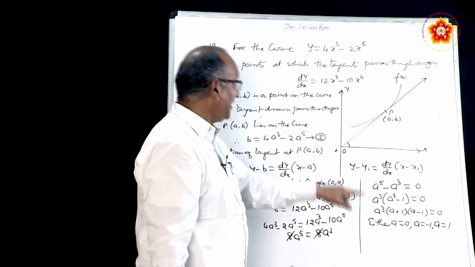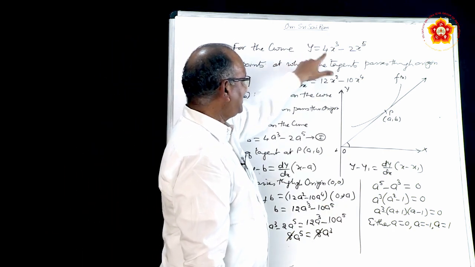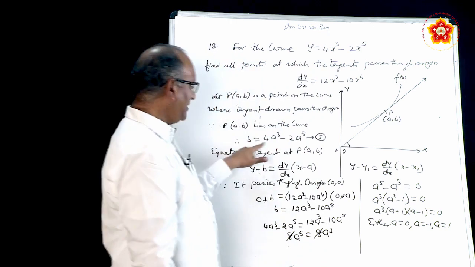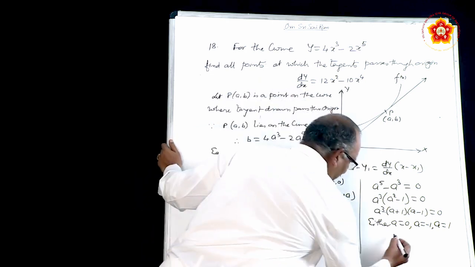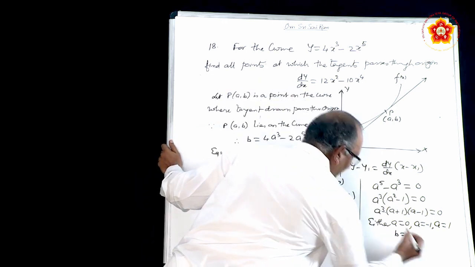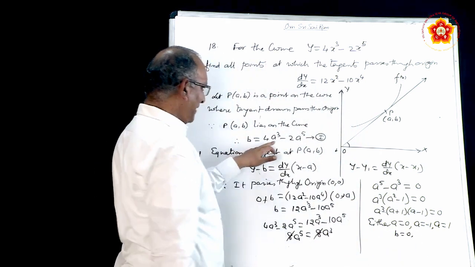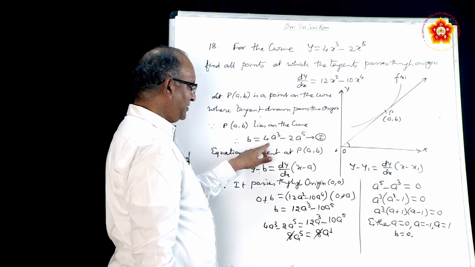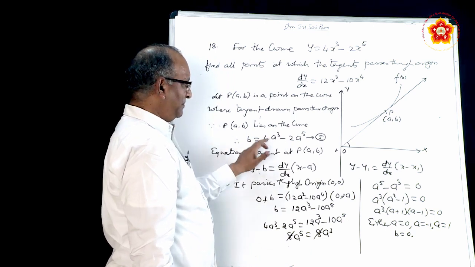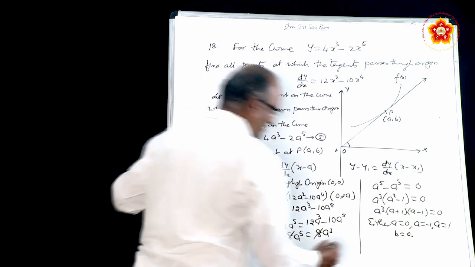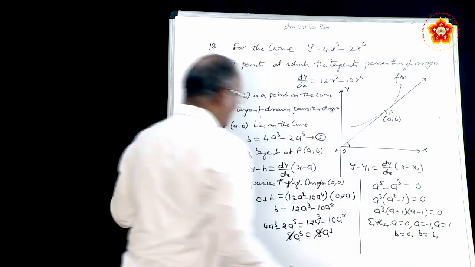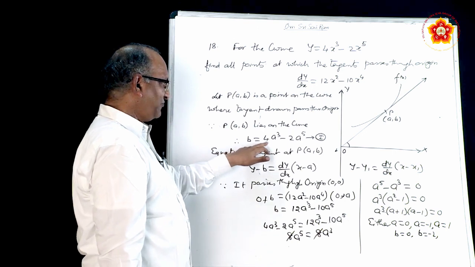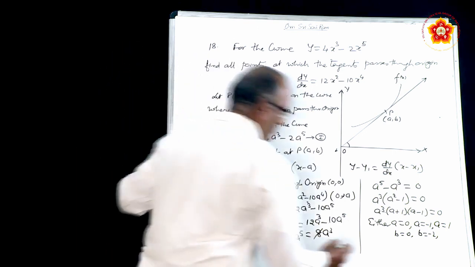If you substitute a equal to 0, you will get b equal to 0. Substitute a equal to minus 1. So, it will be minus 4 plus 2, which gives you minus 2. Substitute a equal to 1, you will get 4 minus 2, that is 2.